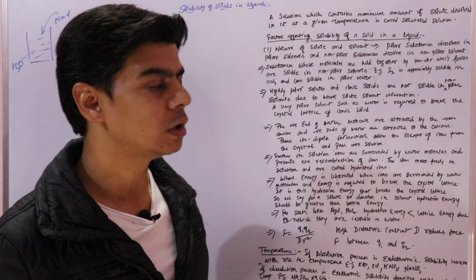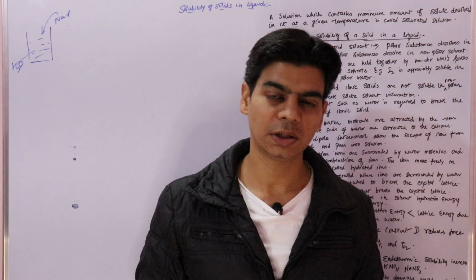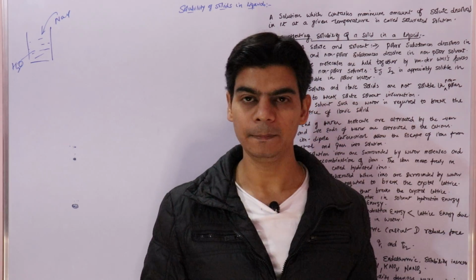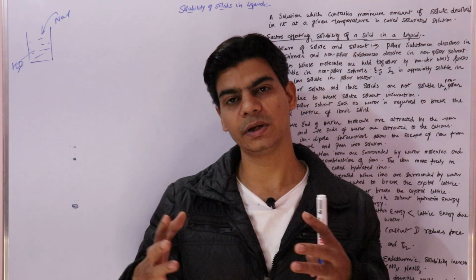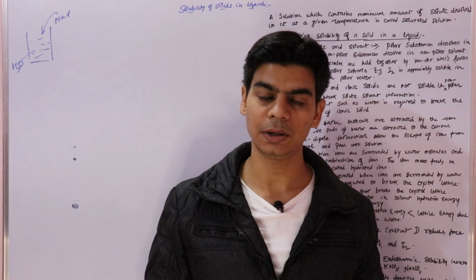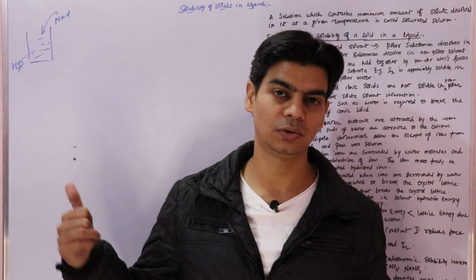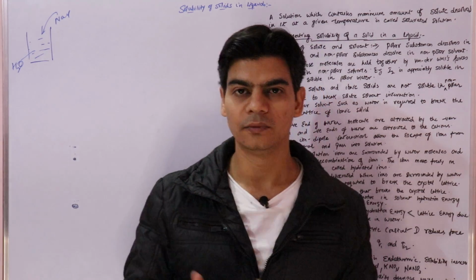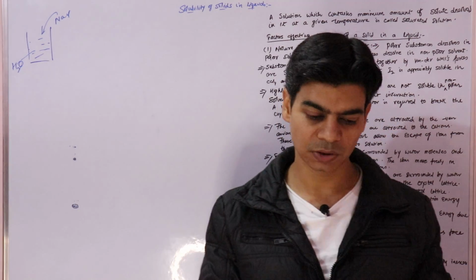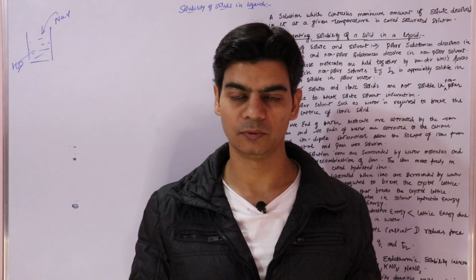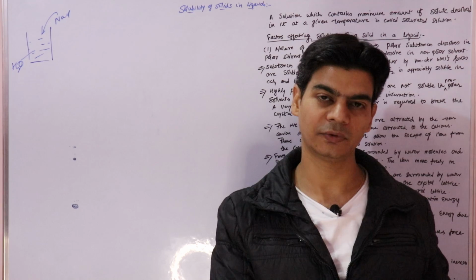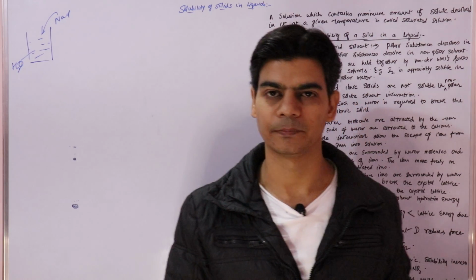Some factors that affect the solubility of a solid in a liquid: the first is the nature of the solute and solvent. One thing we are aware of is that like dissolves like. When we say like dissolves like, we mean that a polar solute will dissolve in a polar solvent and a non-polar solute will dissolve in a non-polar solvent. For example, sodium chloride, a highly polar solute, will dissolve in water, a polar solvent, because water molecules exist as dipoles, which are polar in nature.